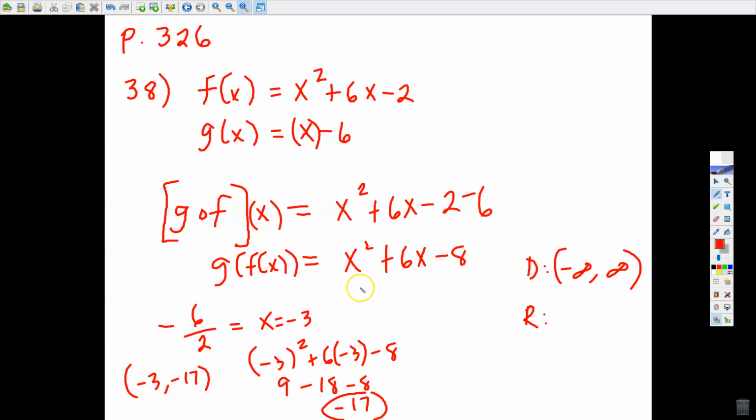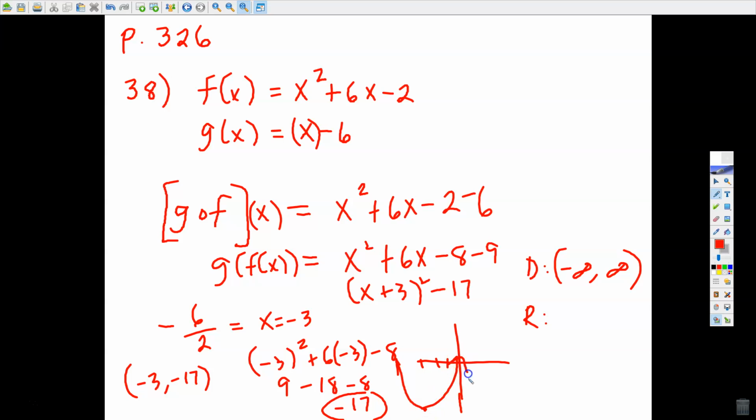Real quickly, doing vertex form, we would do x plus 3 quantity squared, and then this is 3 squared, which is 9. So obviously, I think that's a lot faster. Plus, it's good practice with changing to vertex form. Since this parabola opens up, a is positive, and the vertex is negative 3, negative 17.